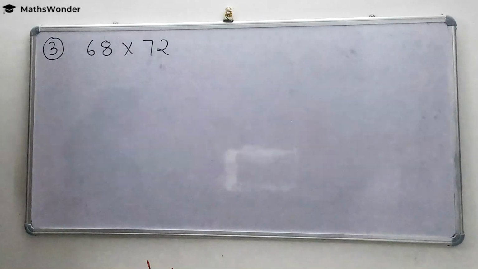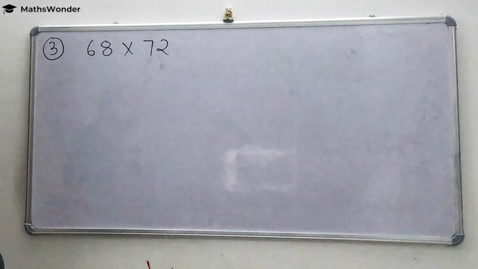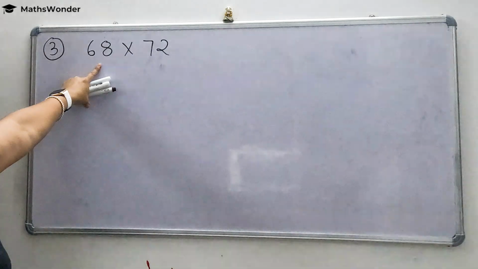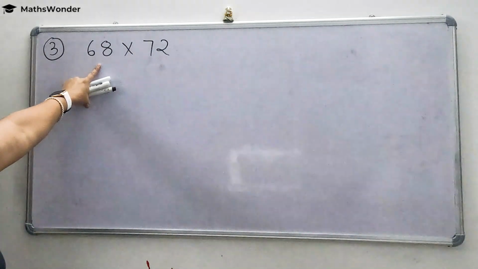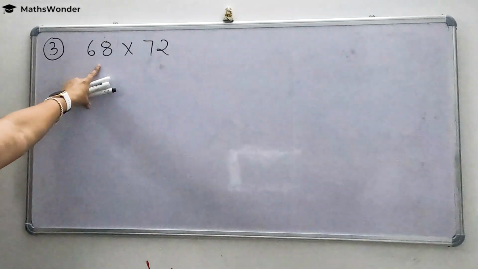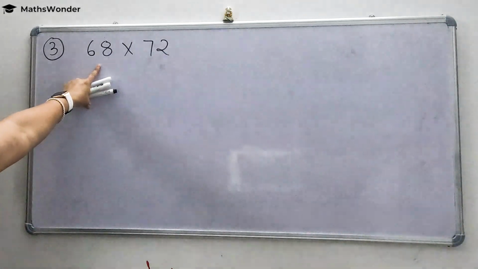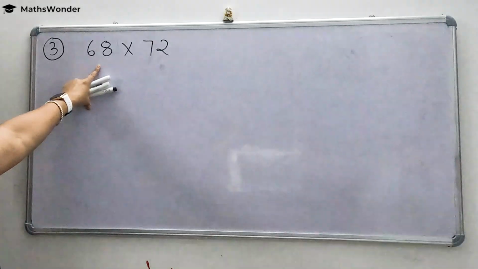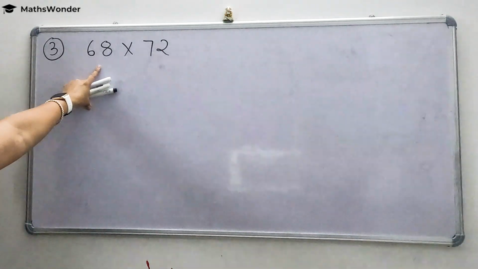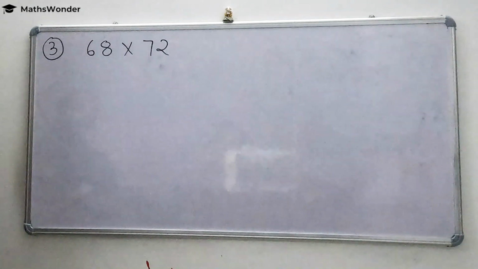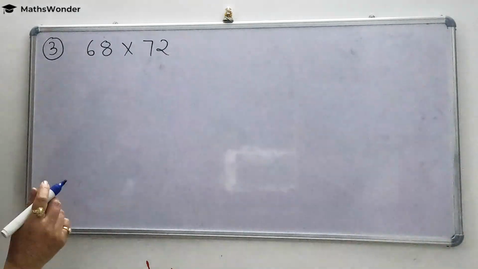Now 68 times 72. So you have to check first which identity you can apply here, and the second is how. Sometimes students confuse which number should be taken here. So in that difficult part, I am giving you the trick for finding the mean.